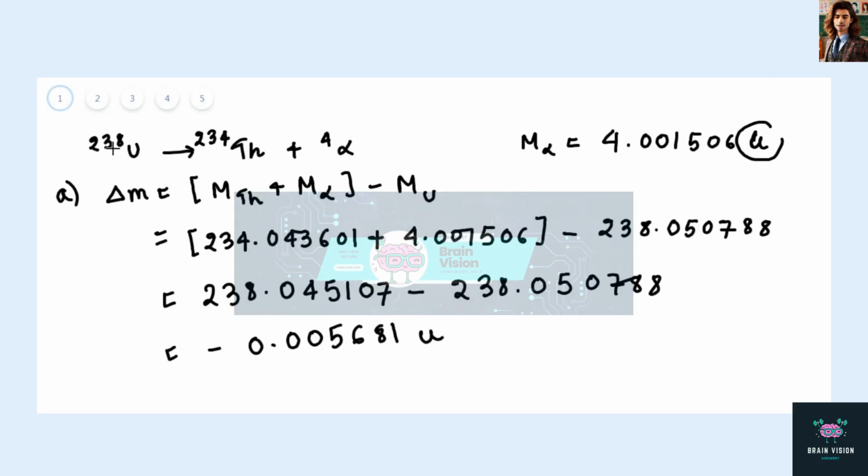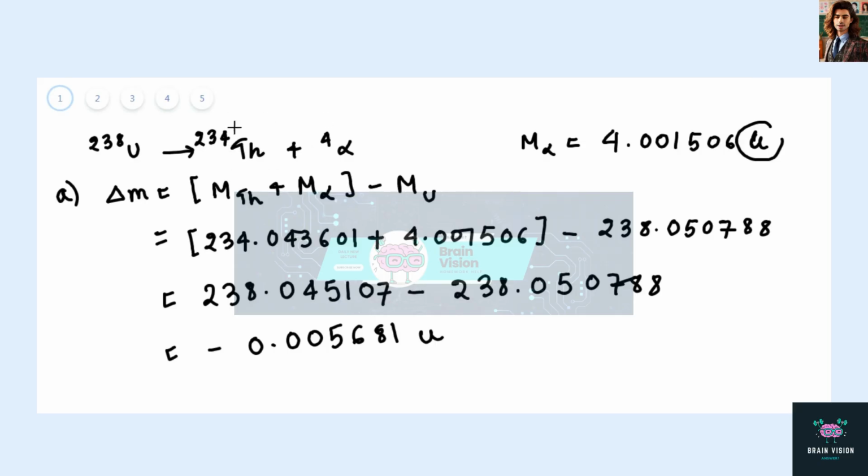What happened finally is that your uranium 235 got decayed into thorium and alpha particle, and what happens basically is that a little bit of mass out of uranium decays, and that gives rise to the energy. And how do you find it? Find how much energy decayed?